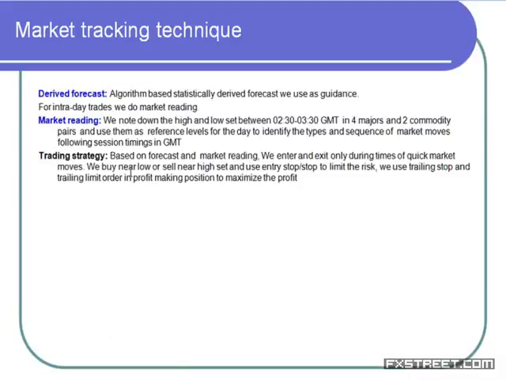And besides, the trading strategy is based on the forecast and market reading. We decide on the entry and the exit. And during quick market moves, we are able to take the positions without any fear. And then later on, we try to keep the stop at entry once the position makes profit, and trail the take profit level as well as the stop from the entry level and maximize the profit.